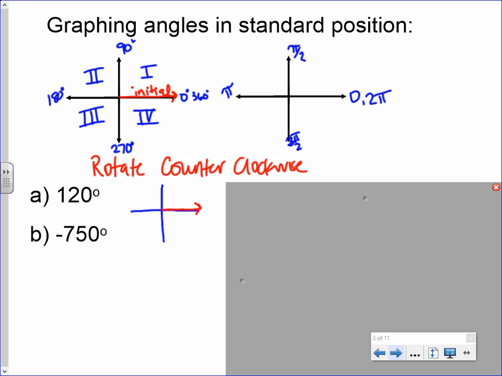Which quadrant do you think 120 is going to land in? Quadrant 2, because it is less than 180. Is it going to be closer to 180 or closer to 90? Closer to 90. It's 30 away from 90, 60 away from 180. So it would be about there. When I rotate, I like to put a little arrow with that rotation so I can see which way we rotated. So that is 120 degrees.